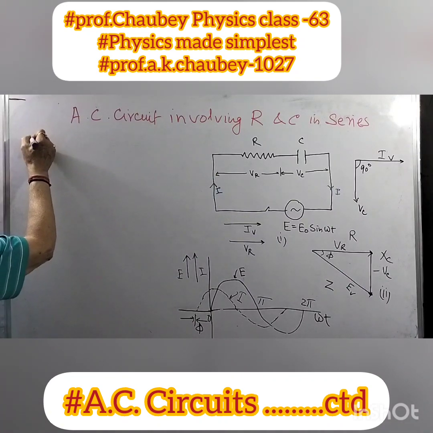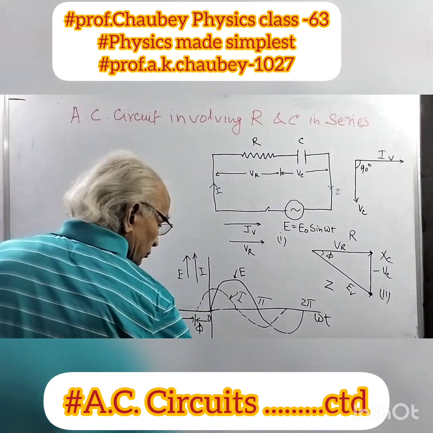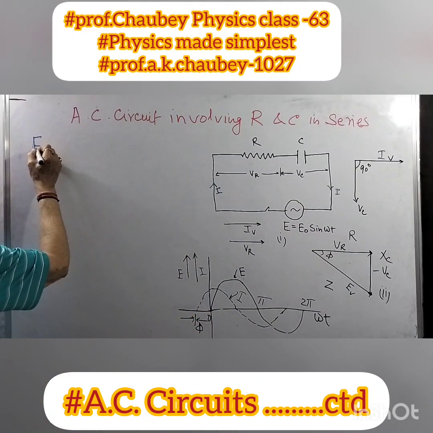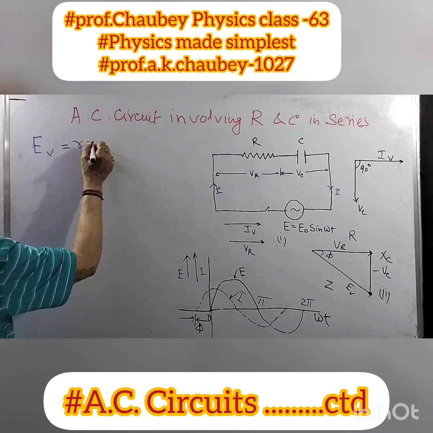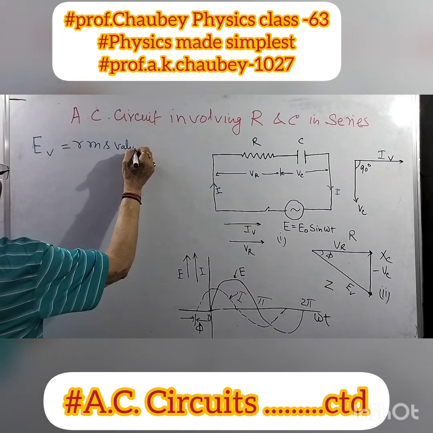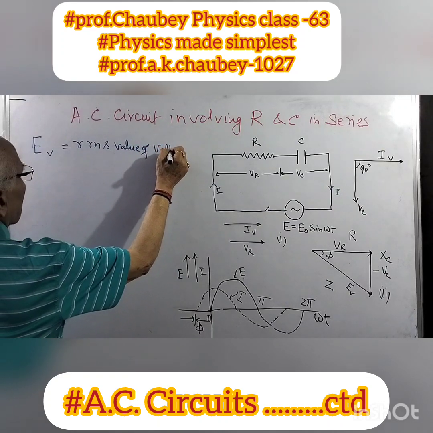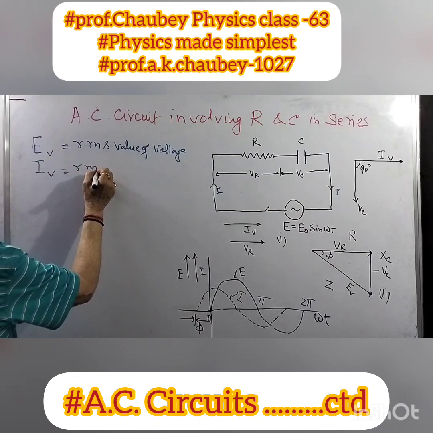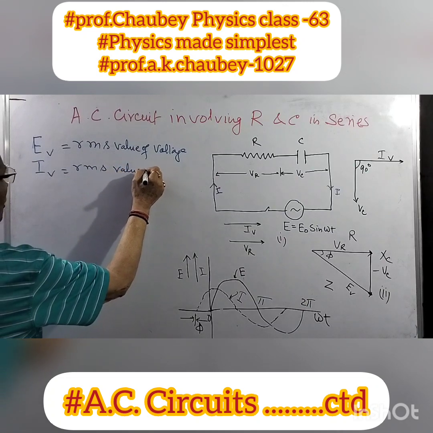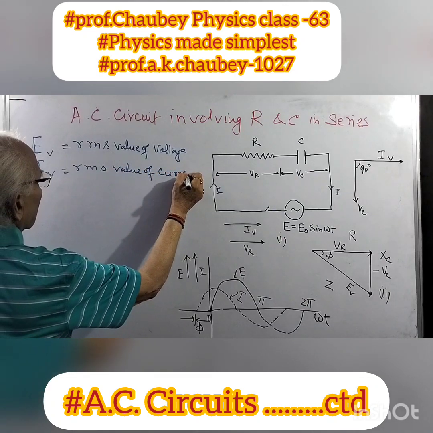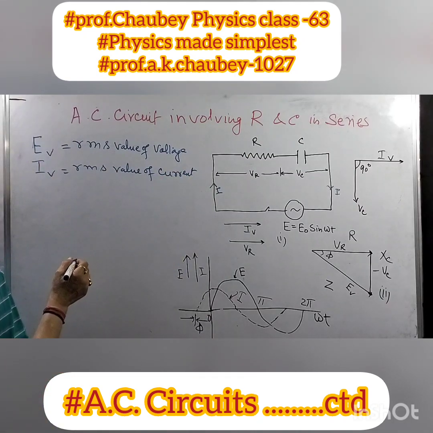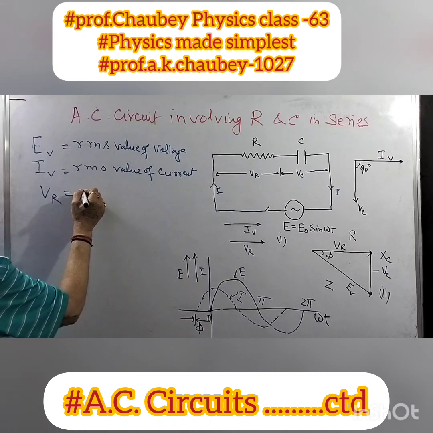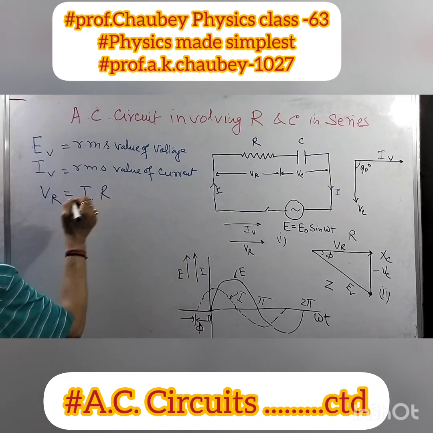We write EV as the RMS value of voltage, IV as the RMS value of current, and what else we have, VR, as I told you, is I into R, the IR drop.